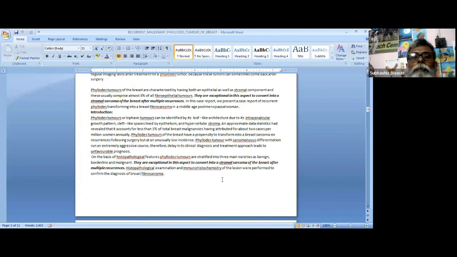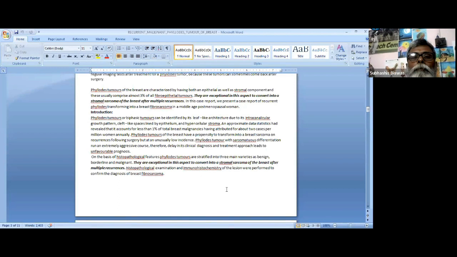Phyllodes tumors of the breast have a propensity to transform into a breast sarcoma on recurrences following surgery, but with an unusually low incidence. Phyllodes tumors with sarcomatous differentiation run an extremely aggressive course, therefore delay in clinical diagnosis and treatment leads to an unfavorable prognosis.